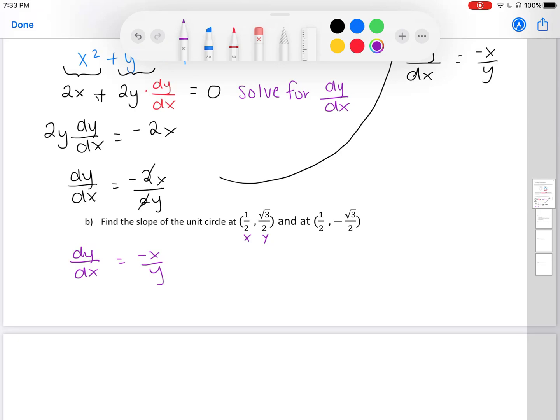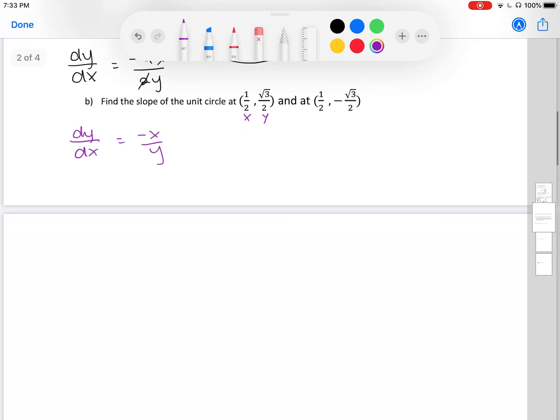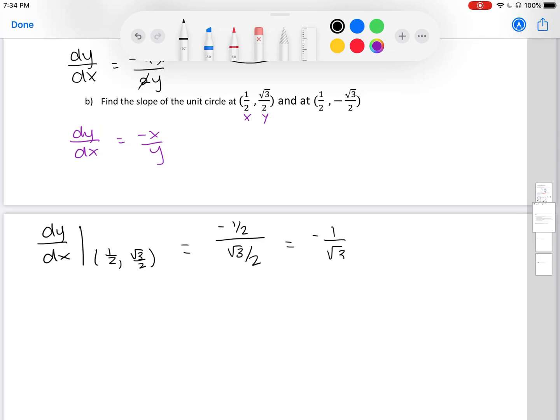So to find the slope, we just substitute those values in. So we have dy/dx at 1/2 comma square root of 3 over 2. That gives us negative 1/2 divided by square root of 3 over 2, which our 2's divide out, and we're left with negative 1 over square root of 3, which if we rationalize is negative square root of 3 over 3.